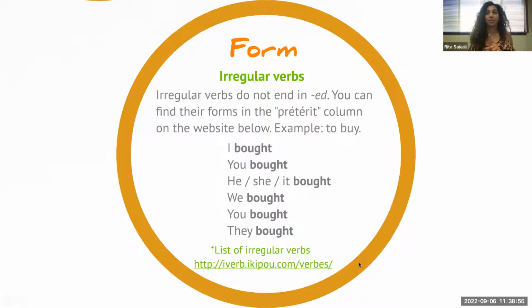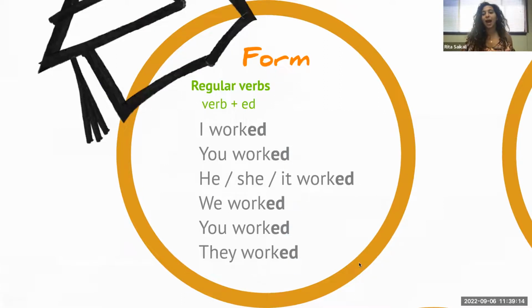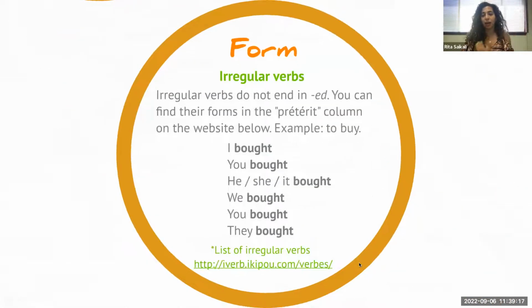Go becomes went. So it's extremely different. Borrow becomes borrowed. So borrowed is a regular verb, so it ends in ed. Whereas bought or fought or find, it's found, right?